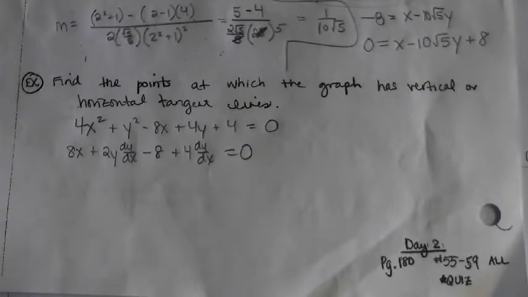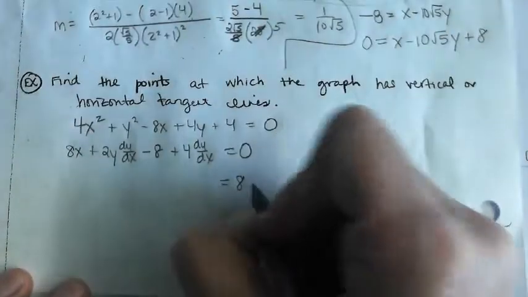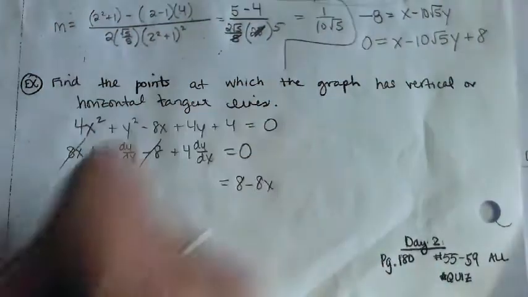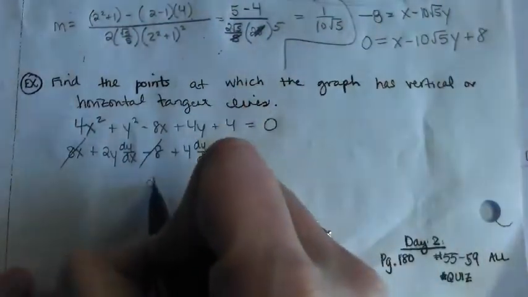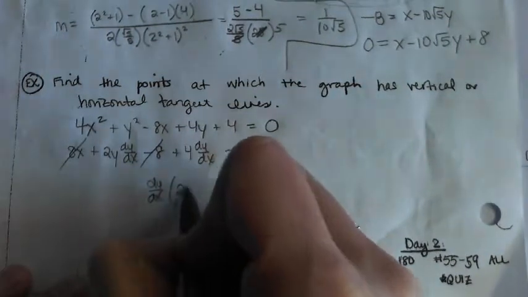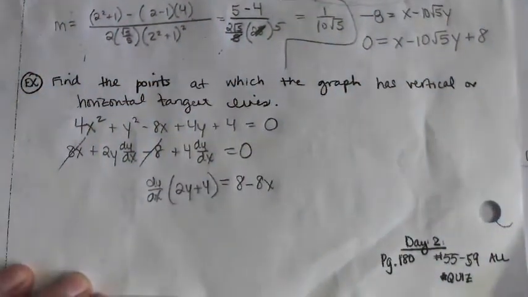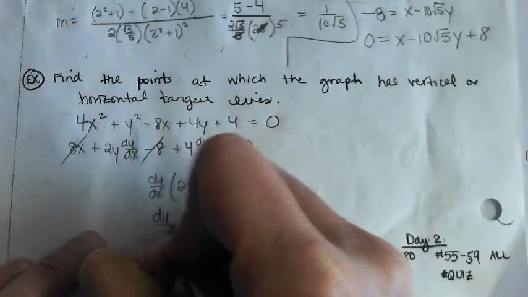I'm going to add my 8 over and subtract my 8x and factor out my dy dx and divide it over.